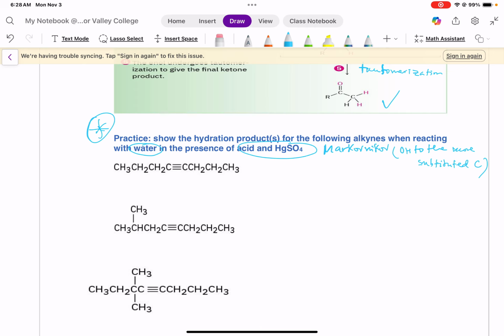Okay. Now, in this case, we got 1, 2, 3, 4. If you go from right to left or left to right, it's the same, so it doesn't matter which one. Okay. I'm just gonna do line formula: 1, 2, 3, 4, 5, 6, 7, 8. So we got 8 carbons, right?